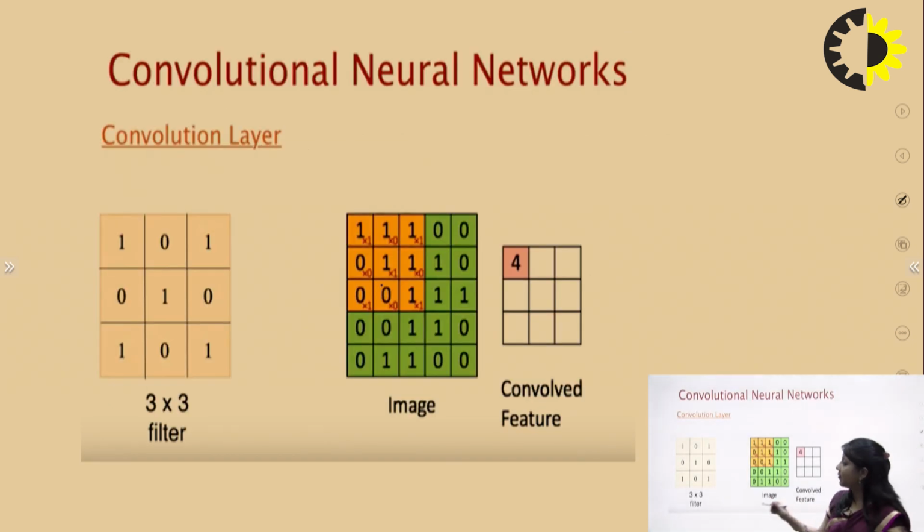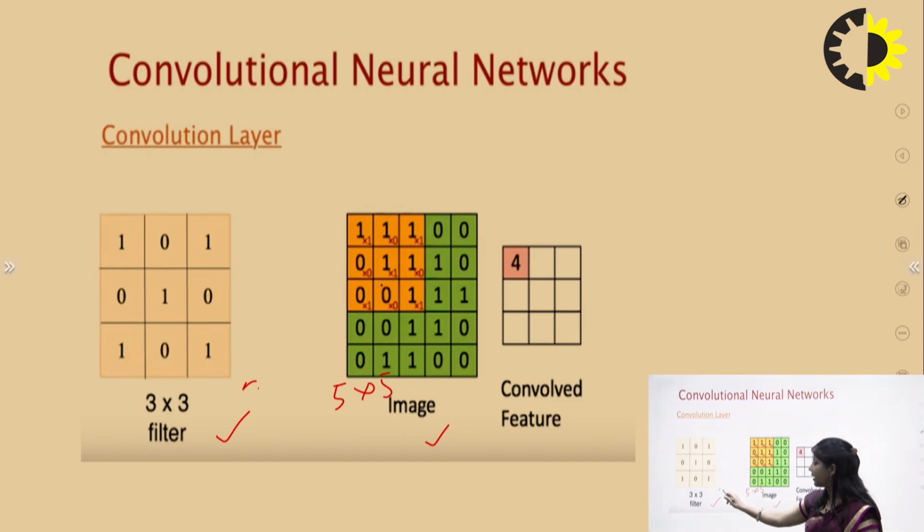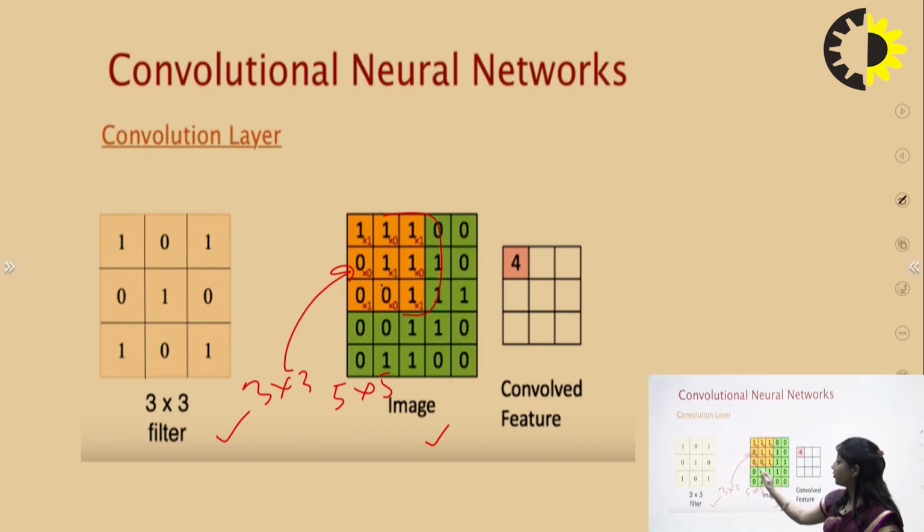So here this is the process. If we have a 3 by 3 filter or kernel, and the image is 5 by 5, and the kernel size is 3 by 3, then we apply this kernel to this 3 by 3 window and form the convolution. We take the dot product of these.